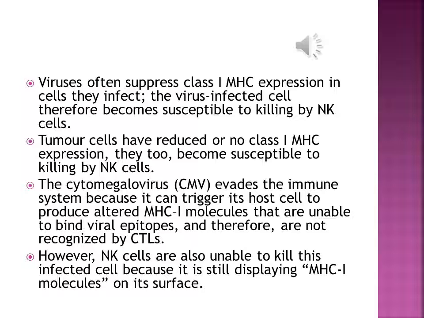The cytomegalovirus evades the immune system because it can trigger its host cell to produce altered MHC class I molecules that are unable to bind viral epitopes and therefore are not recognized by cytotoxic T cells. However, natural killer cells are also unable to kill this infected cell because it is still displaying MHC class I molecules on its surface naturally.